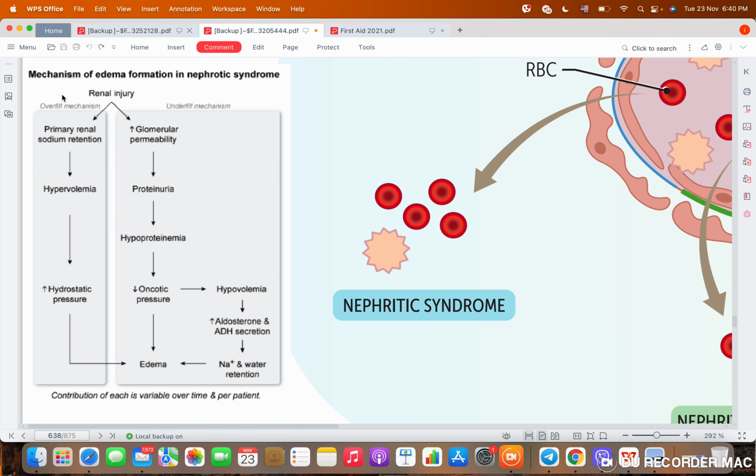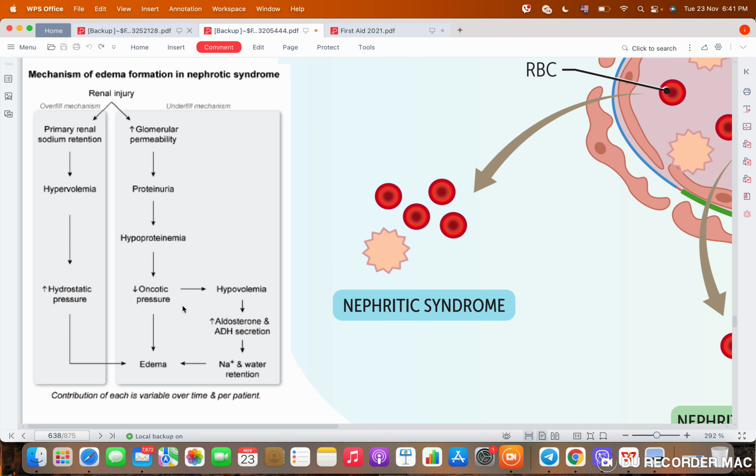Look what they write here. Mechanism of formation of nephrotic syndrome. How nephrotic syndrome occurs. So there is an underfill mechanism and an overfill mechanism. What does that mean? It means that the glomerulus of your kidney has become more permeable. The Kf of your kidney is becoming higher. So there will be more glomerular permeability, which increases proteinuria, which leads to hypoproteinemia, which decreases oncotic pressure, leading to edema.